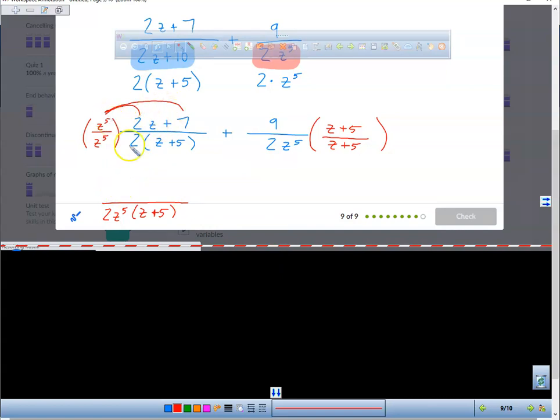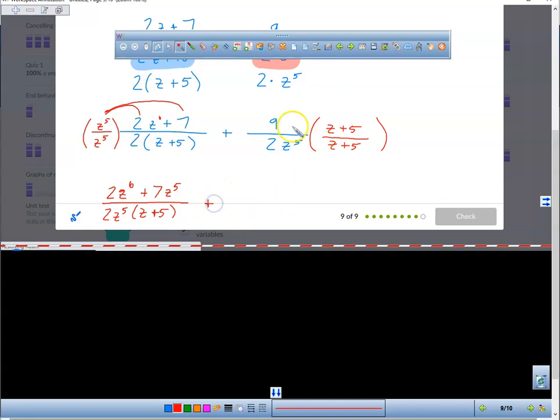What is 2z times z to the power of 5? That'd be 2z to the power of what? Remember, that's a 1. z to the power of 6. And what's 7 times z to the power of 5? That's just 7z to the power of 5. And we're done with that part.